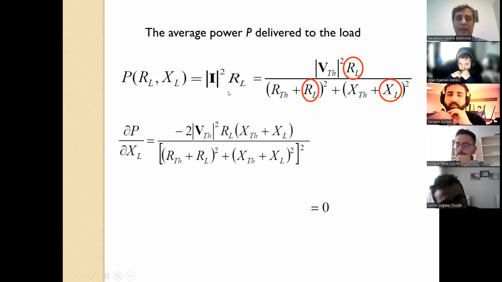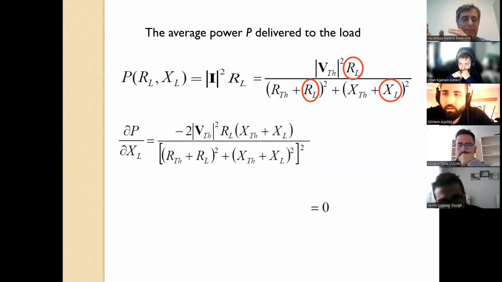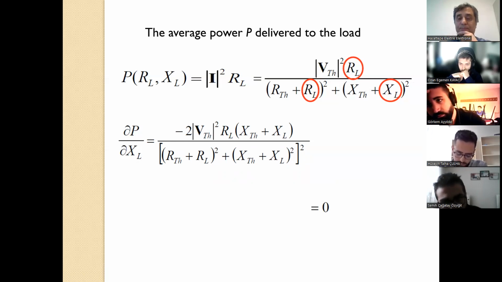Now I'm taking the derivative. If you take the derivative, first numerator, denominator minus numerator, divided by the square of the whole denominator term. Of course, when I say numerator, denominator, I'm not saying we have to take the derivative in that sense. I'm just bypassing some words.